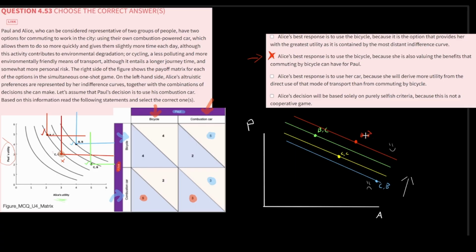And so BB would be where we'd ideally want to be. But if we have the case where, like we said, Paul is always taking the car, well, then we're between this option and that option, right? Paul being the second one, always taking the car. Which one gives me the most happiness? The green line or the yellow line? Well, the green line is giving me more happiness. So if I'm altruistic, I'm going to pick that outcome.